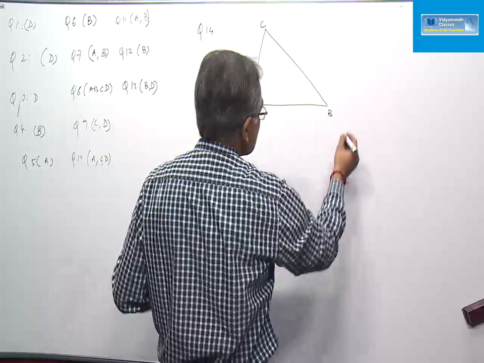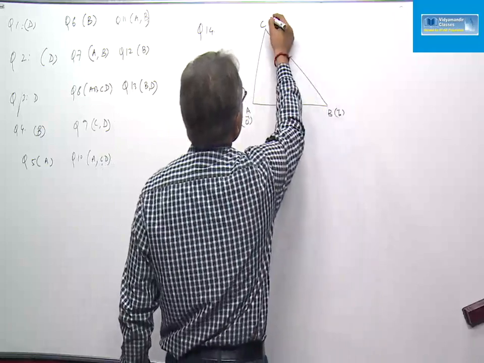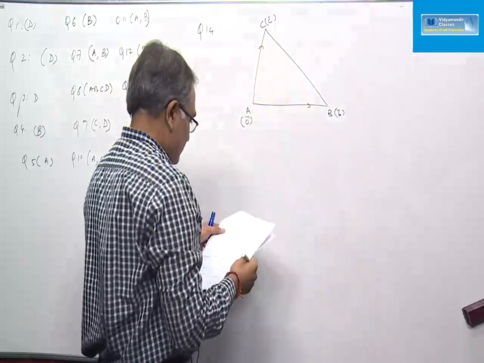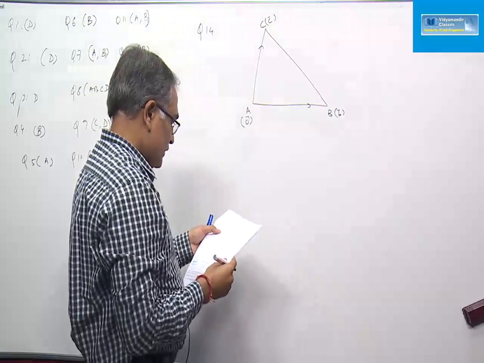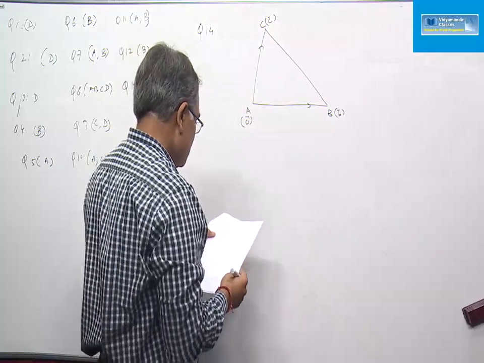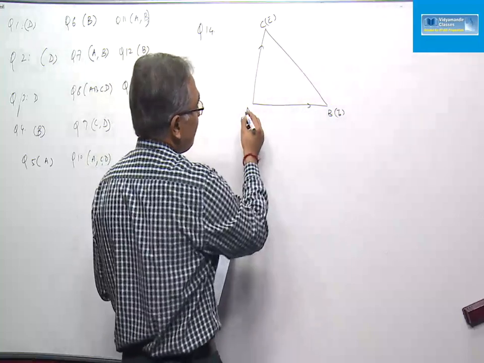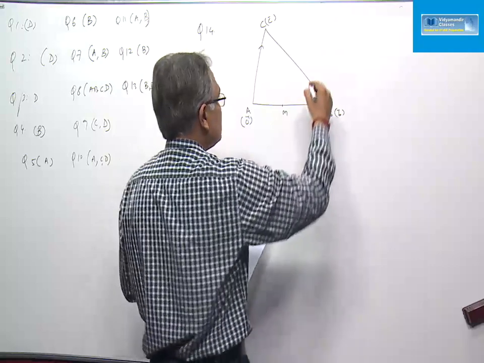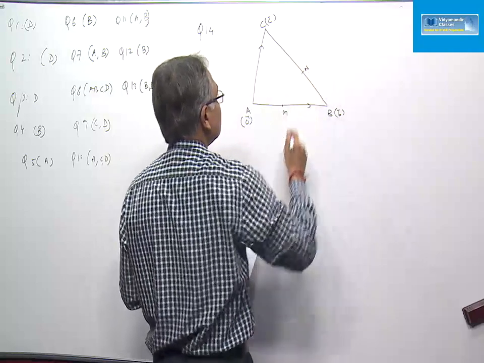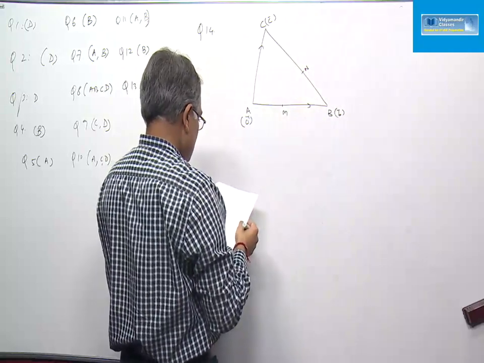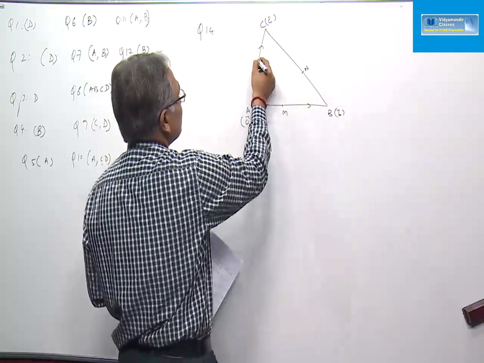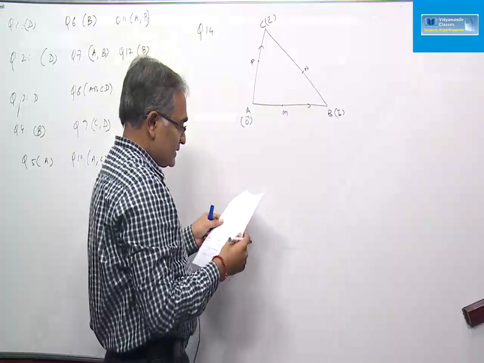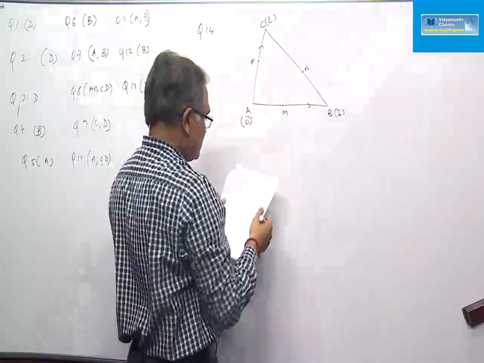B and C have position vectors small b and small c. Further, it says points M, N and P are taken on the sides AB, BC, CA respectively. On AB there is a point M, on BC there is a point N, and on CA there is a point P. Not necessarily inside, but let's just take the case when these are inside.